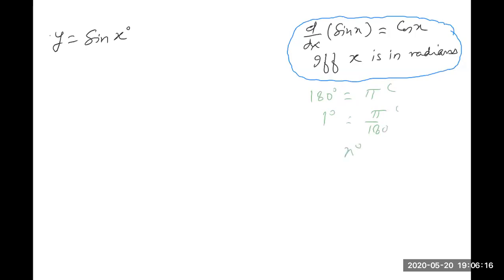So x degree is equal to x into pi by 180 radian. So we must multiply this by pi by 180. So this is equal to sine pi by 180 x. Now this will be radian, because x degree is equal to so many radians.